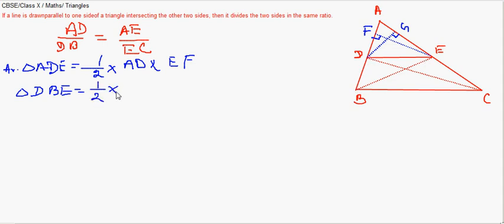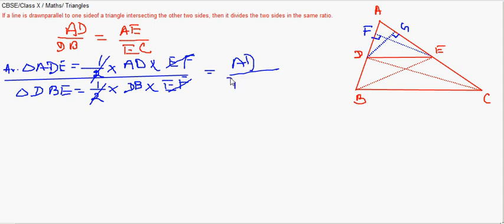In this case, base remains DB, but the height is again EF. We have to see the proportionality. So area of ADE by area of DBE. I'm not writing it again, I'm just simply drawing and giving it a fraction form. Thereby this getting cancelled, this getting cancelled, we are getting AD by DB. This is the first thing we get.